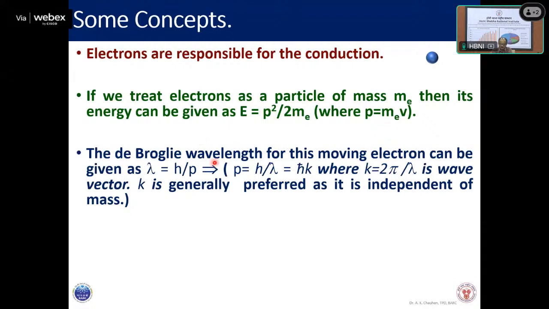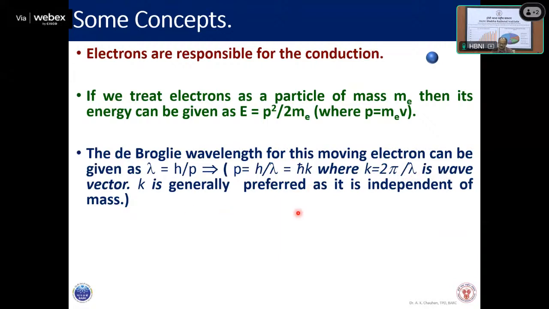Next comes the de Broglie wavelength. The de Broglie wavelength for any moving particle having momentum p can be given by lambda equal to h by p, or we can say p equals h cross k, where k is another way of representation. k is the wave vector, and it is given by 2 pi by lambda.